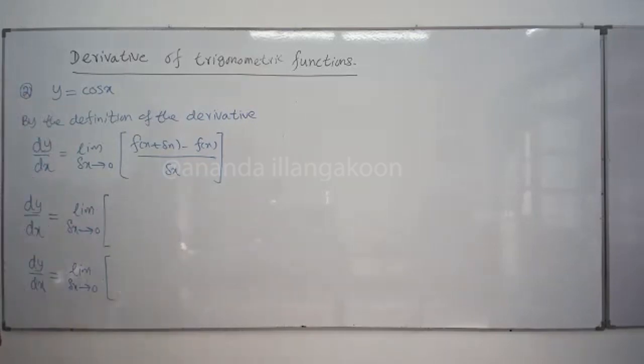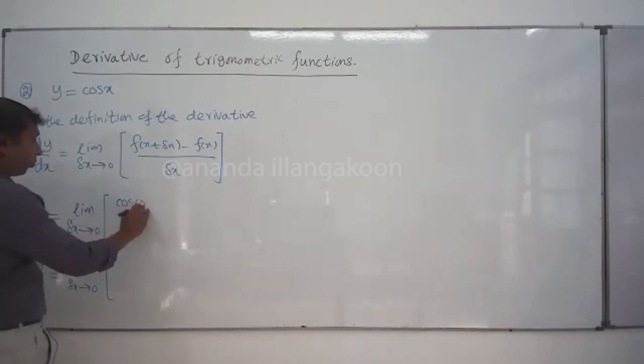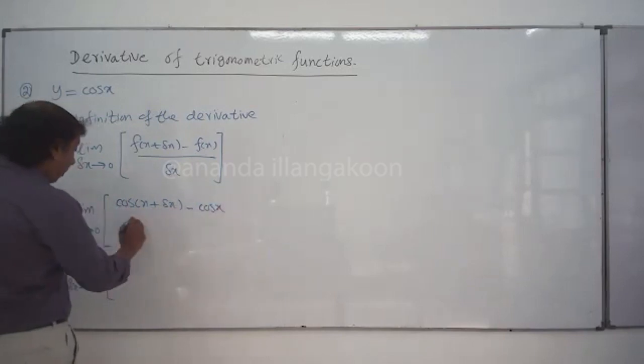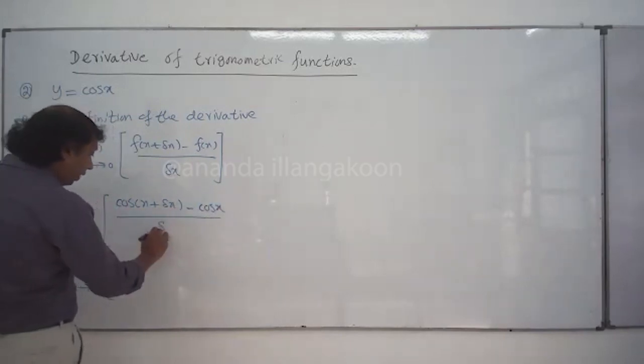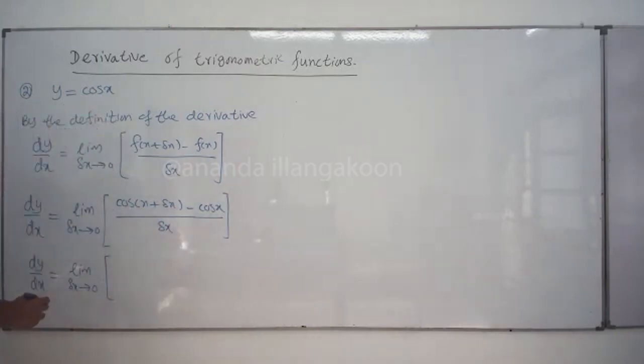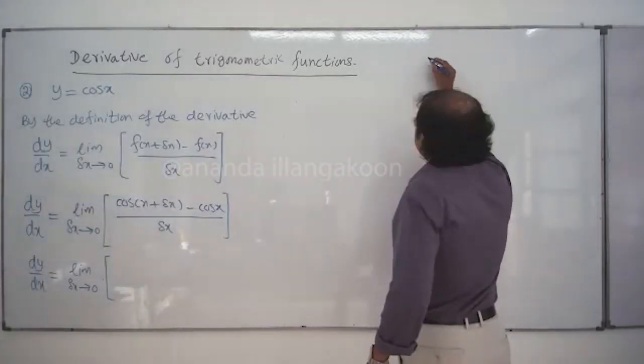Right, now here we write what? Cos(x plus delta x) minus cos x, divided by delta x. Now here you can apply the cos c minus cos d formula. What is the formula, people?